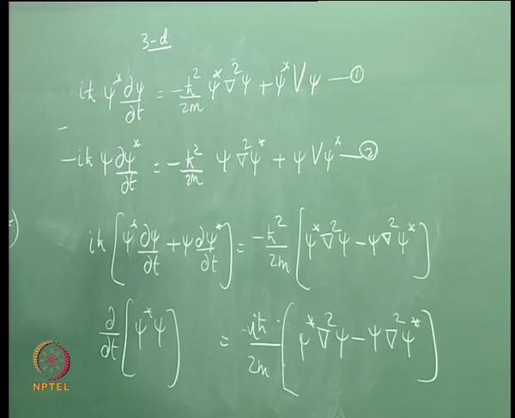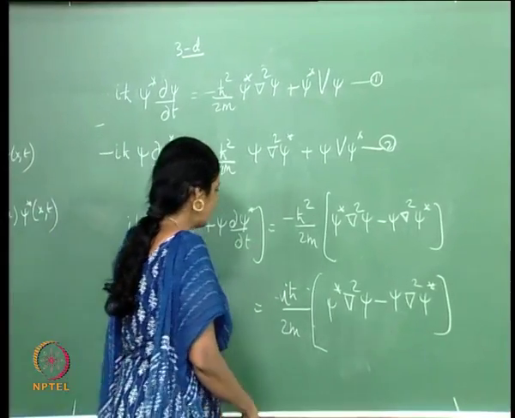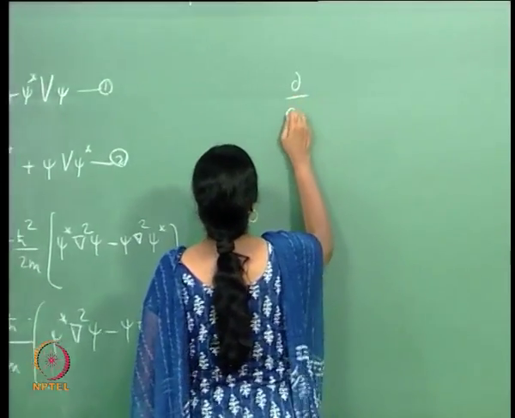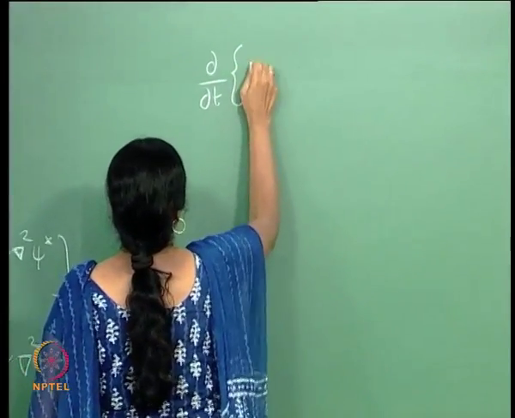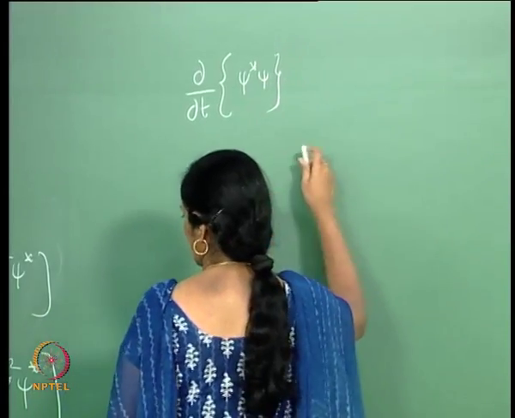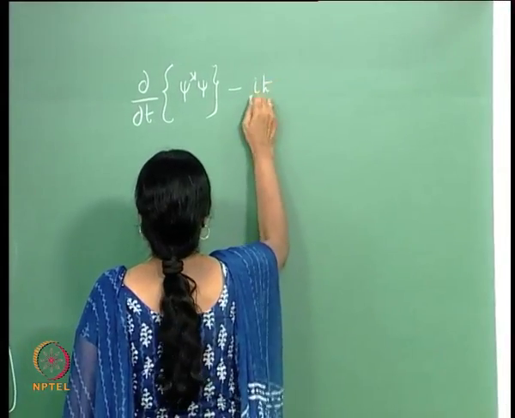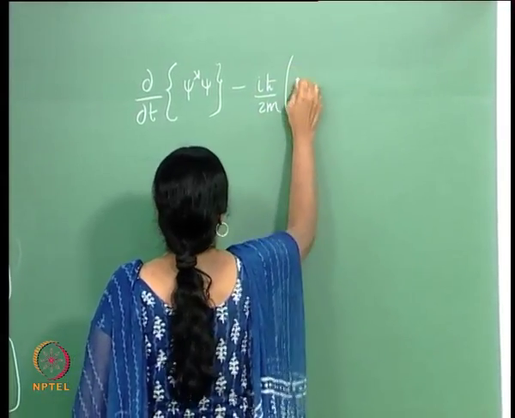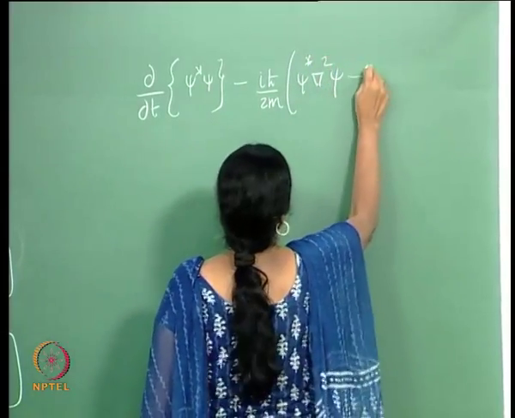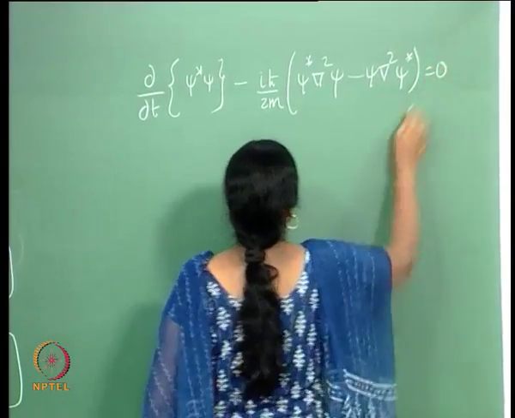Now this looks like a continuity equation, because I can bring this to the other side, and I have ∂/∂t of ψ*ψ minus iħ/2m (ψ* ∇²ψ minus ψ ∇²ψ*) equals 0.